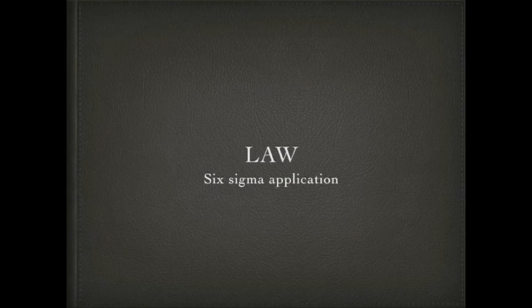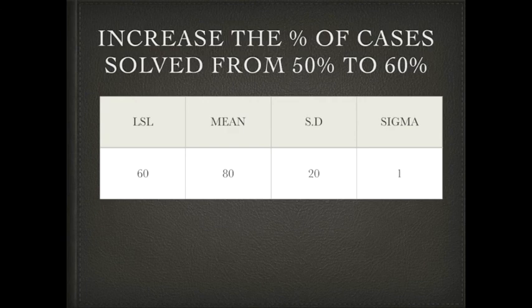Now coming to the law industry, the example that we are discussing is increasing the percentage of cases solved from 50% to 60%. Solving the cases is the primary objective of the legal industry.